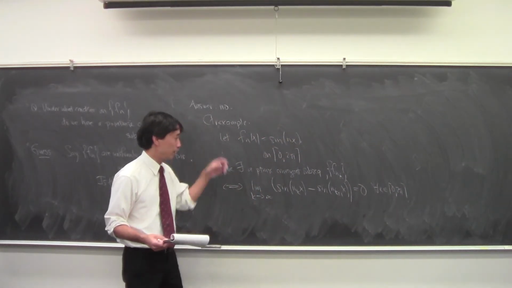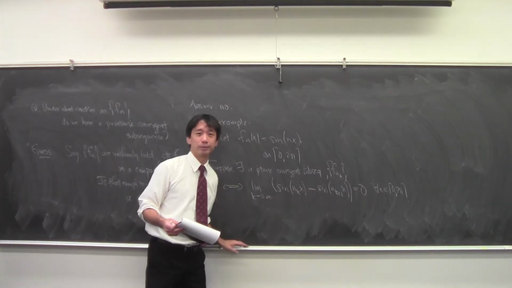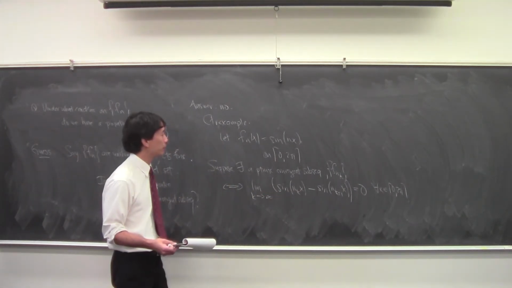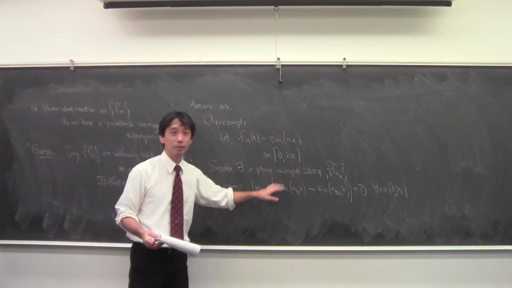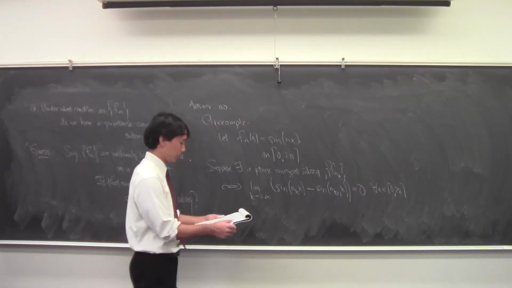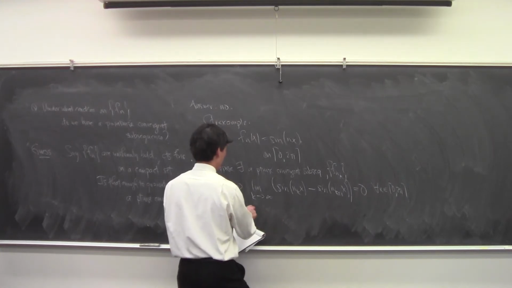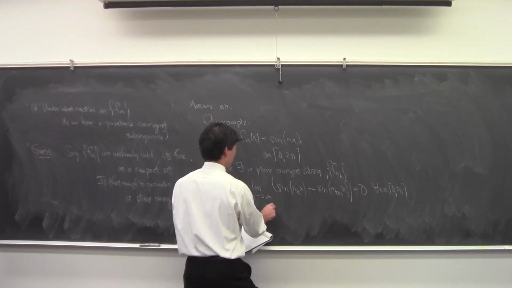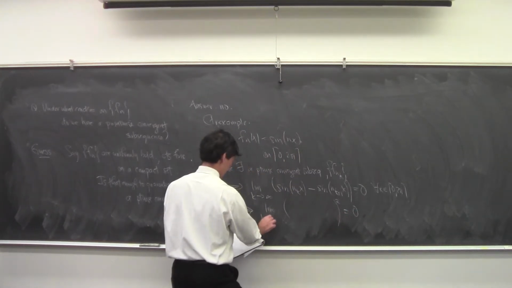It doesn't occur at the same rate, but at each point, this limit would be 0. That's what pointwise convergence means, right? But in that case, that would imply that the limit of the squares is also 0 as k goes to infinity.